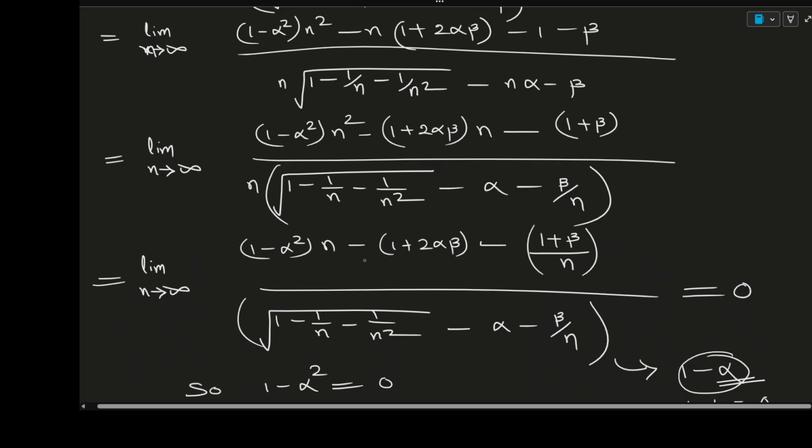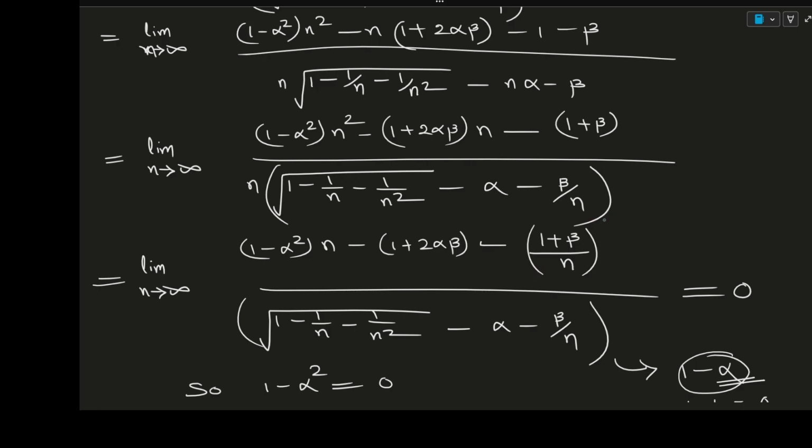But in our question it is given that when n tends to infinity, the limit of this function will be equal to 0. But when n tends to infinity, in this function we can clearly see that this term tends to infinity. It is a constant, so infinity minus a constant will be infinity. Now something divided by infinity will be 0.